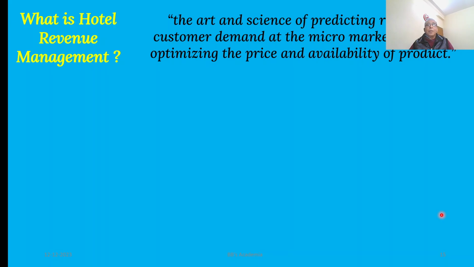It says, this is the art and science of predicting real-time customer demand at the micro market level and optimizing the price and availability of product. This is sounding very big. You have to predict real-time customer demand at the micro market level, segmentation of the market, and optimizing the price and availability of product. Let us clear it further.